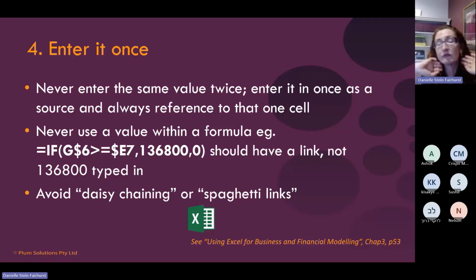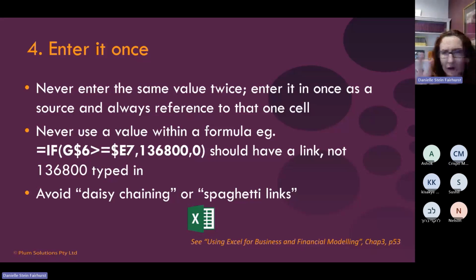It's really easy to get redundant assumptions in a model, and we want to stop that from happening. So always try to clean up any extra assumptions. Use your trace dependents to see if something's looking at it. Always just enter the value once, and then refer to that one cell.